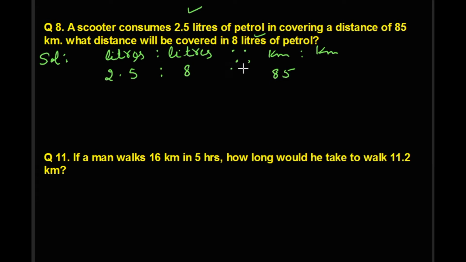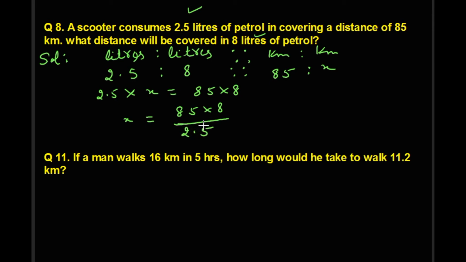So we have to find what he would cover in 8 liter. So here we will put x. So product of extremes, 2.5 multiplied by x would be equal to 85 multiplied by 8. So x would be 85 multiplied by 8 upon 2.5.